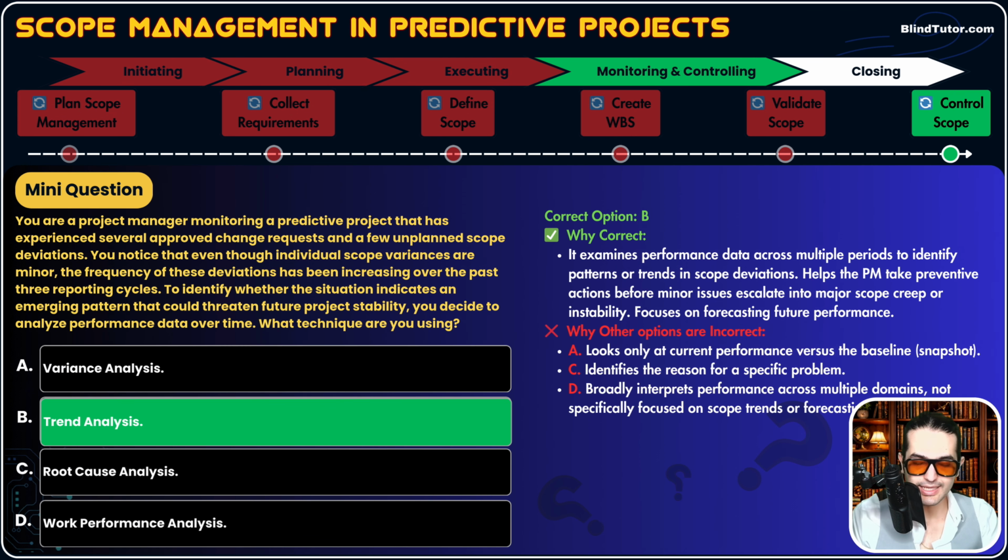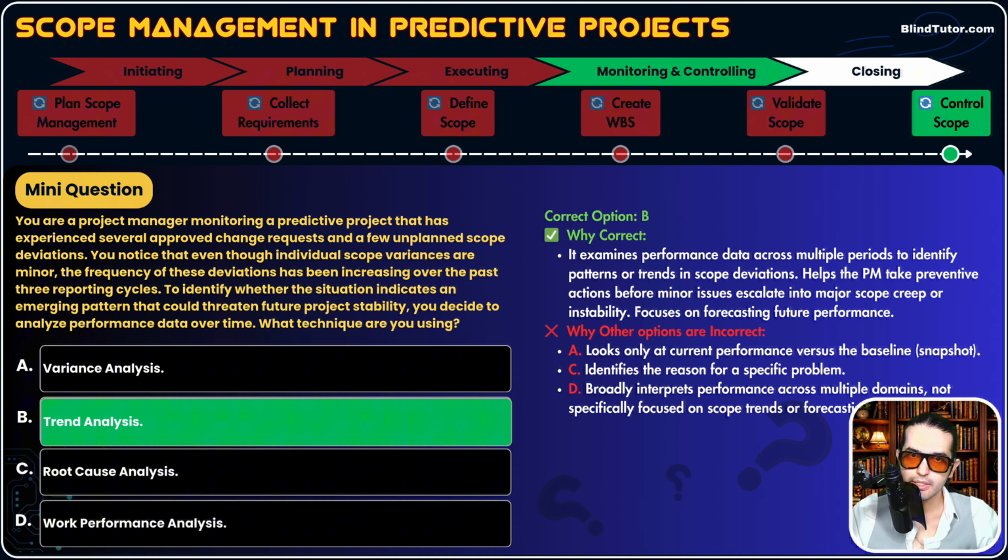So trend analysis helps you spot these deviations, these minor issues, and prevent them. Okay, take corrective actions. Trend analysis focuses on forecasting future performance, not just evaluating current variances.